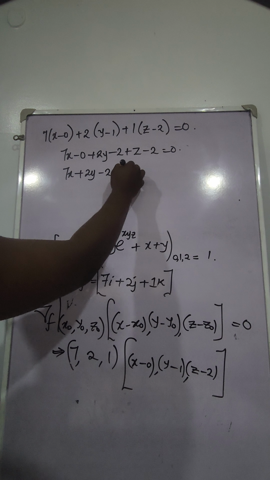We said the formula says that x minus x naught divided by what you got at f of x equals y minus y naught at what you got at f of y, z minus z naught at what you got as f of z. Okay, so we said that x minus x naught, x minus 0, remember that your x naught is 0, x minus 0 should divide by 7 you got here, right?